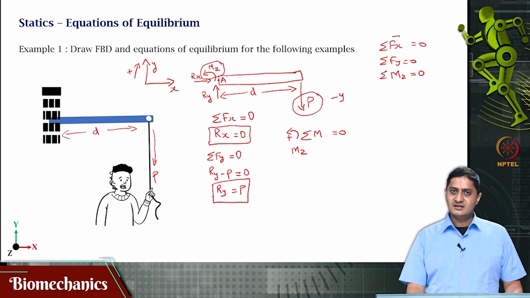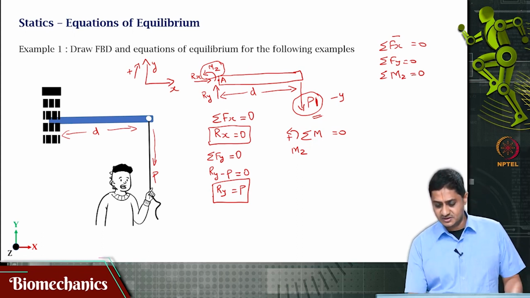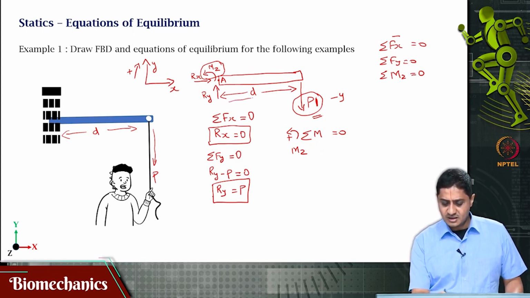Are we done? The answer is no, because there is this force, that is the P force, that could cause a moment. Right. So, let us write this out, and remember, this force P is acting here at a distance d, and will it be a counterclockwise moment?